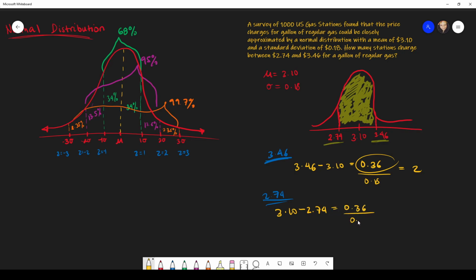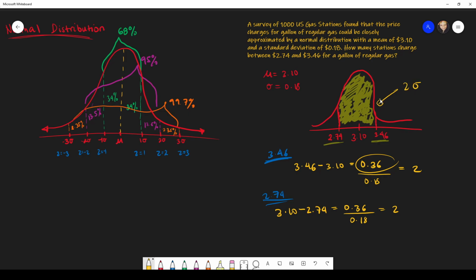Dividing 0.36 by 0.18 would also give us 2 standard deviations. So we know that 2.74 and 3.46 are essentially 2 standard deviations from the mean.